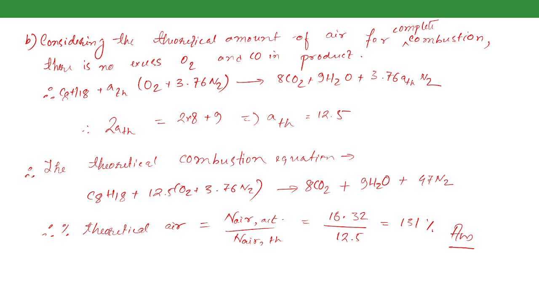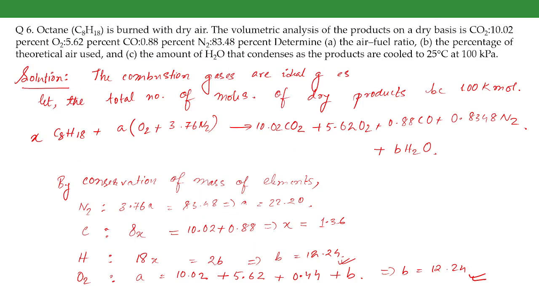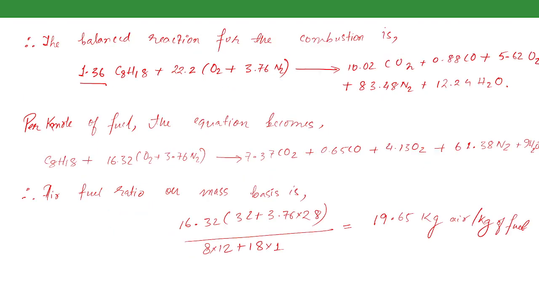Now the last part, we have to determine what is the amount of water that condenses as the products are cooled to 25 degrees Celsius. Okay, so we are assuming that the dew point of these gaseous products, all the gaseous products that are formed, that combined dew point of the mixture will be greater than 25 degrees Celsius, such that when they are cooled to 25 degrees Celsius at 1 atmospheric pressure, there will be some condensation of water.